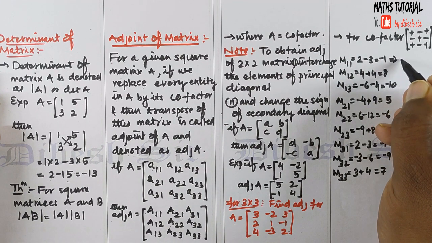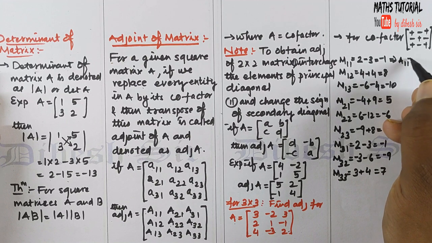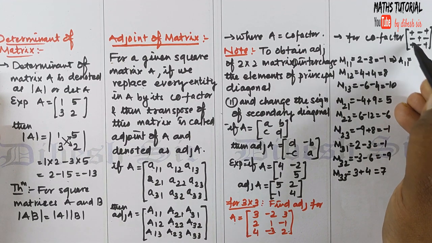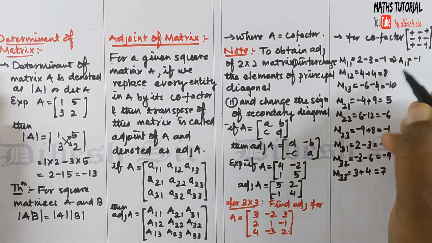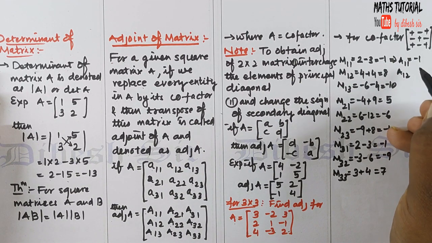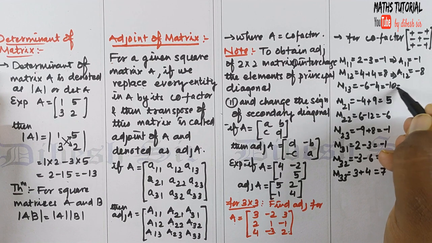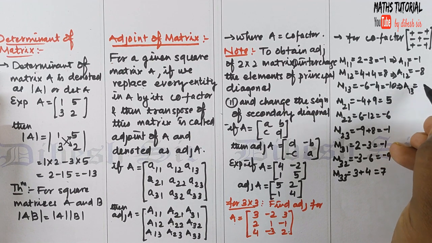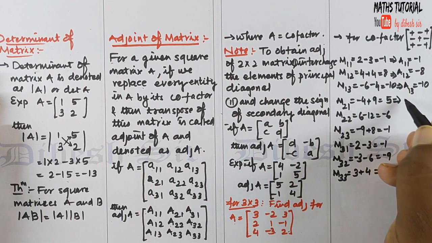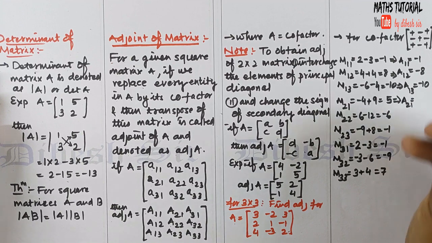And cofactor, that is A11, is equal to, use this sign with this. So plus into minus 1 is minus 1. A12. 12 means this, minus into plus into minus 8, that is minus 8. Next A13. 13 means plus into minus 10, that is minus 10. A21. 21 means minus 5.